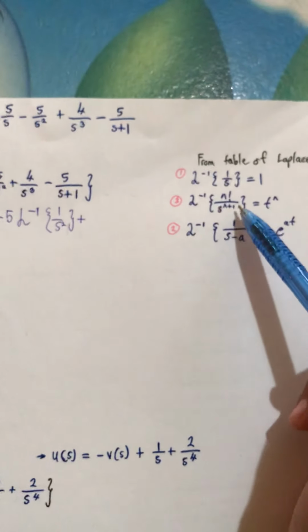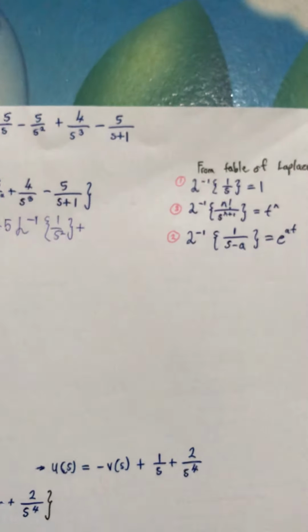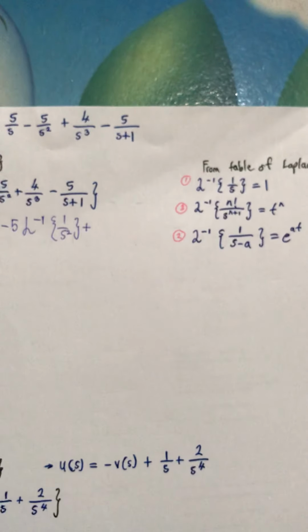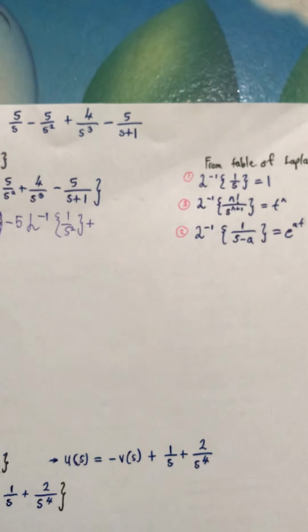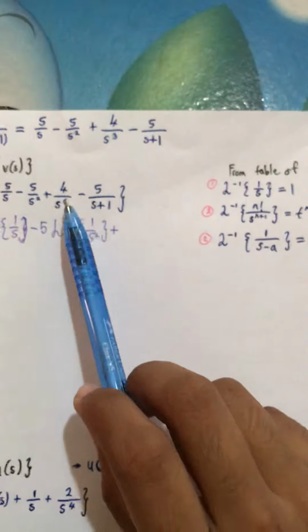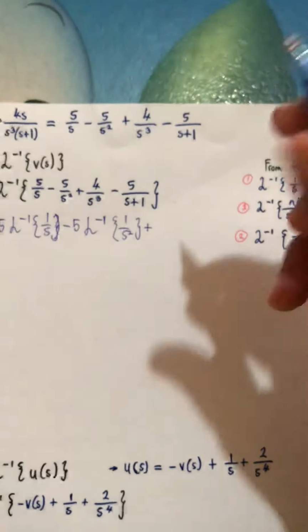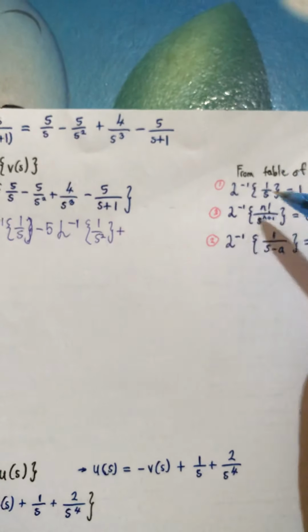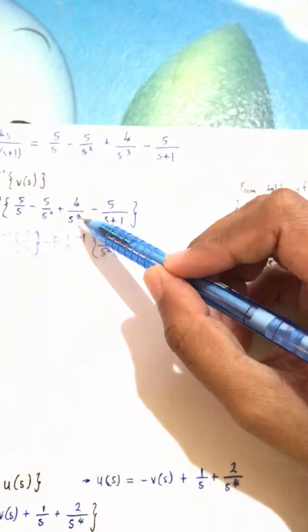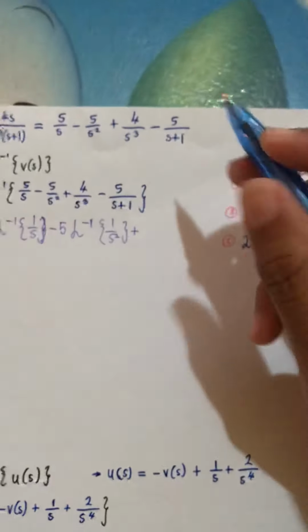So here the inverse of n factorial over s power of n plus 1 is equal to t to the n. So we try to make this in this form. The lower part is 3, so the above should be 2.